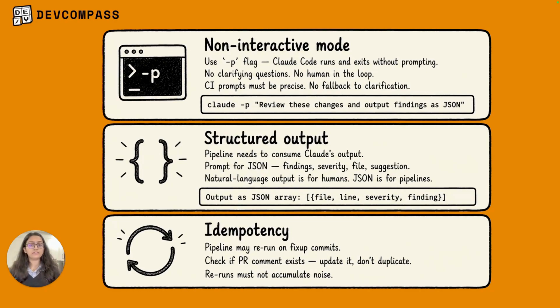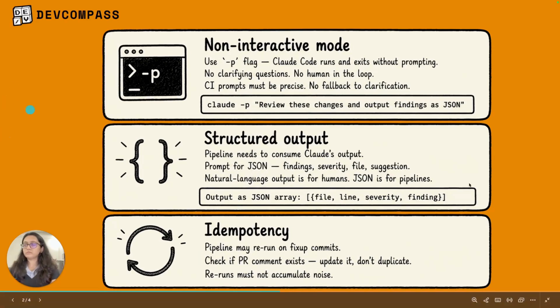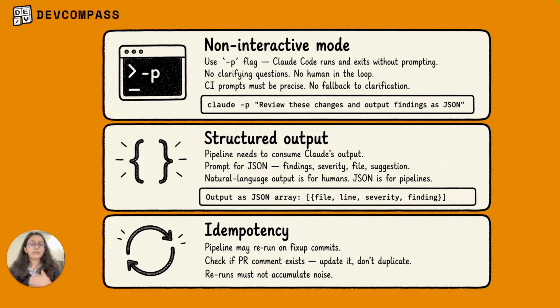Third one is idempotency. In a terminal session, rerunning a task is harmless. In CI, the pipeline might rerun on every commit, every fix-up. So if Claude Code posts a PR comment on run 1 and the pipeline reruns on run 2, you don't want a second comment.